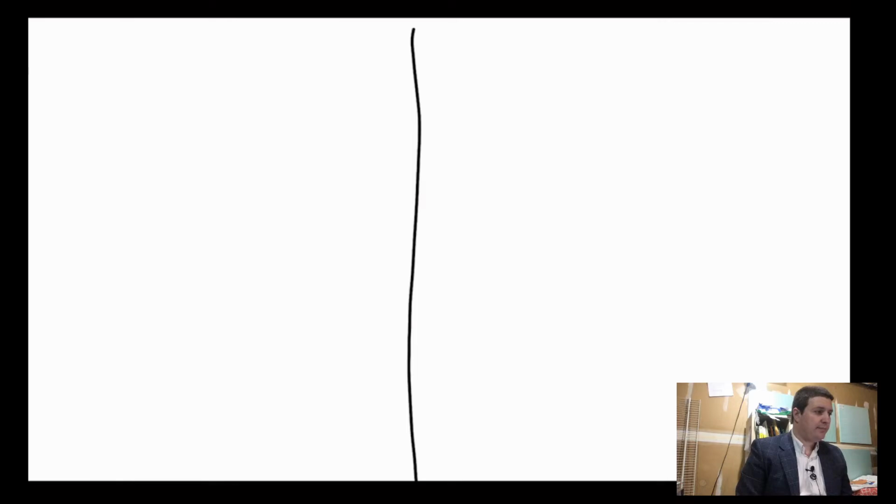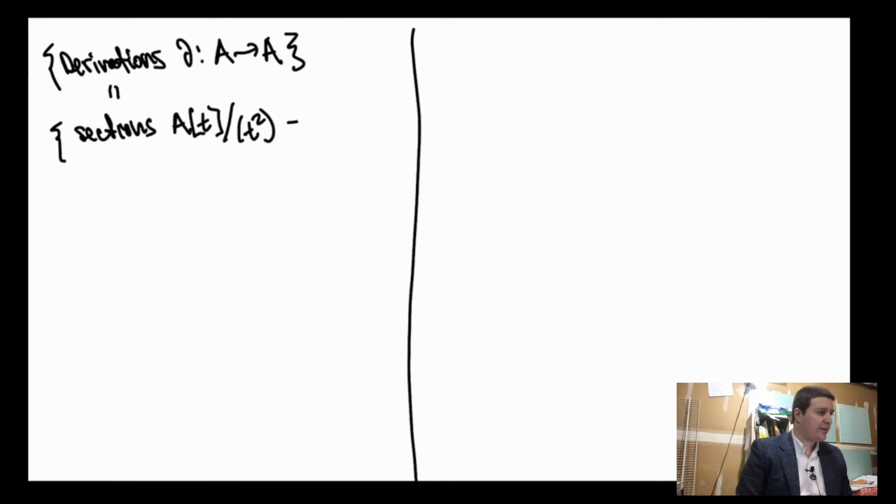So I'm going to describe what derivations are. A derivation on a ring A is the same thing as a section of this natural projection. There's this ring of dual numbers that has a map where you send t equal to 0, and what you can look for is sections of this map which are also ring homomorphisms. So what's the proof of this?